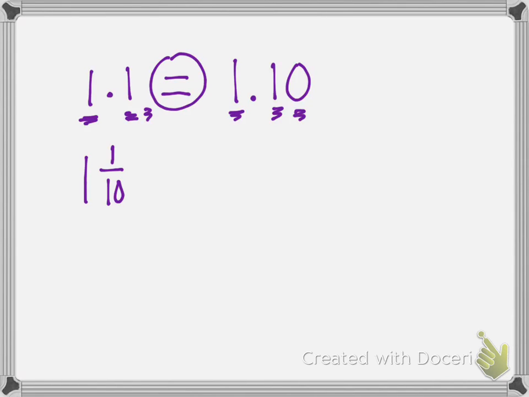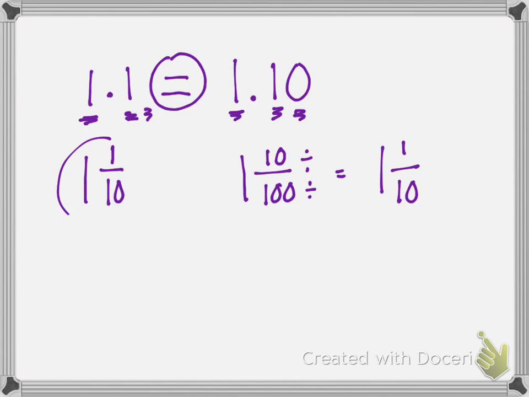That's that mixed number that represents this decimal. And then this one is 1 and 10 hundredths. But if we simplify this by 10, we end up getting 1 and 1/10. It's the same. Just remember, those zeros at the end, you could always divide it by 10, and they will just kind of go away.